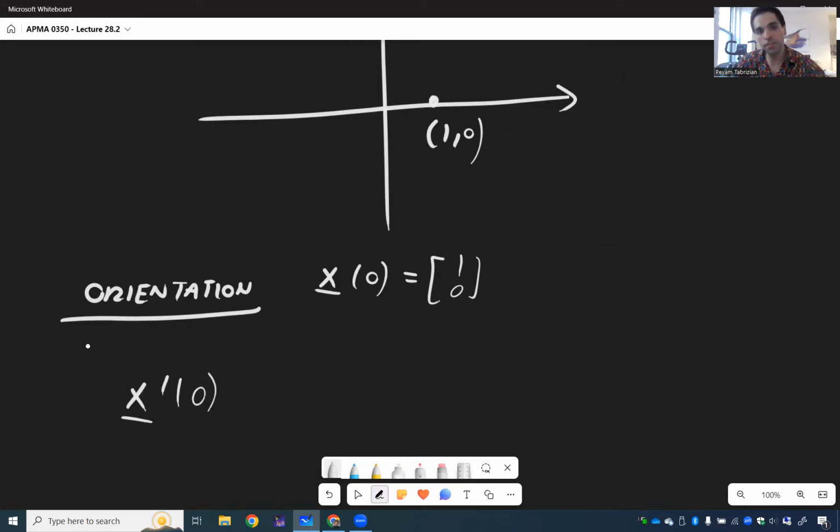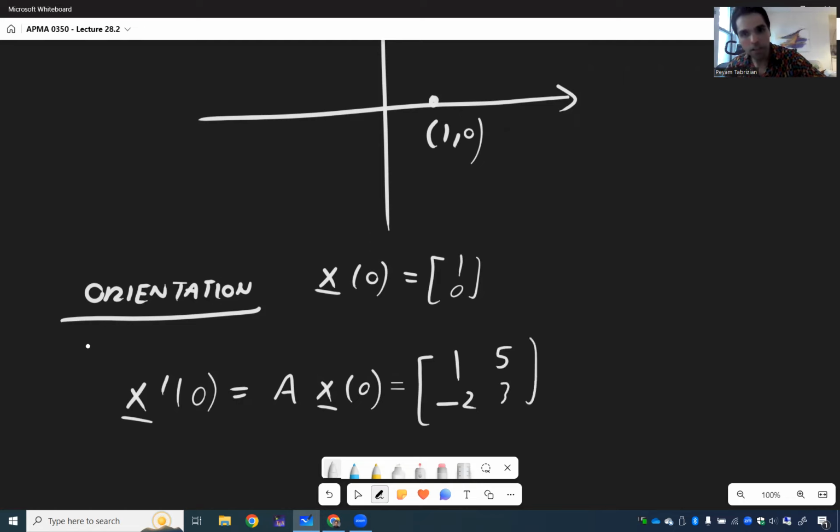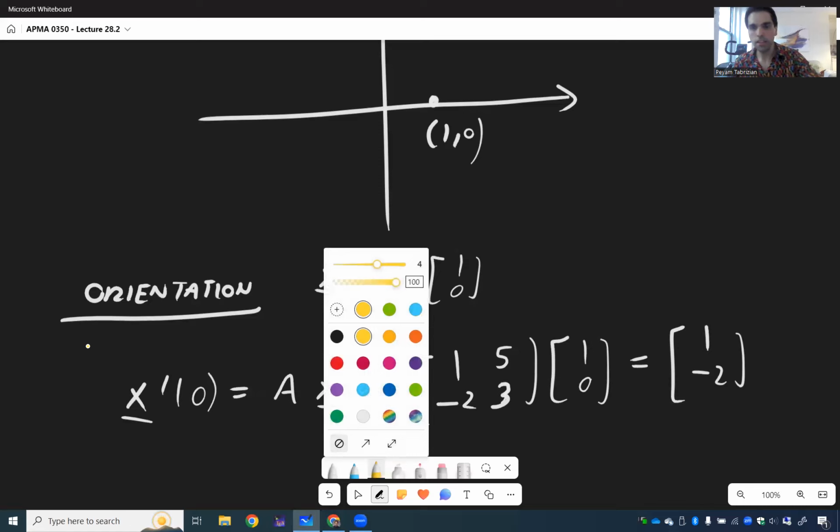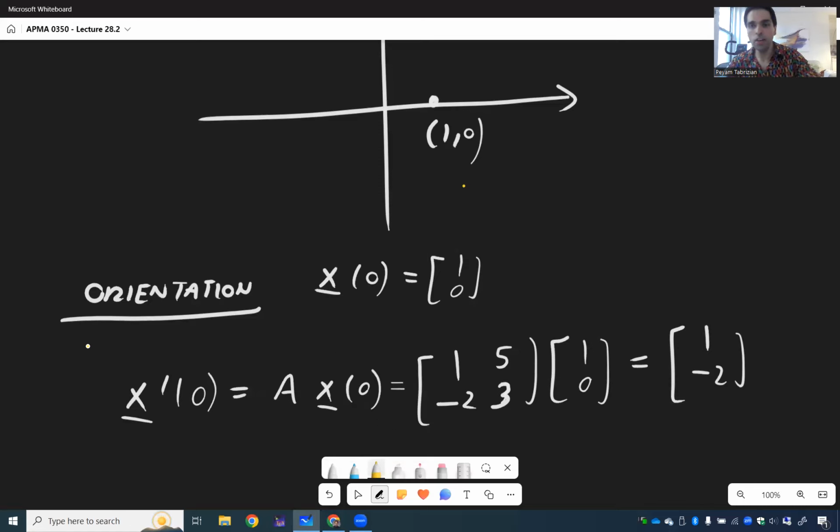So x prime of 0 is A times x of 0, and that becomes [1, 5; minus 2, 3] times (1, 0), which you can calculate, but it's really just the first column, (1, minus 2), meaning that at (1, 0), the solution goes 1 right and then 2 down.